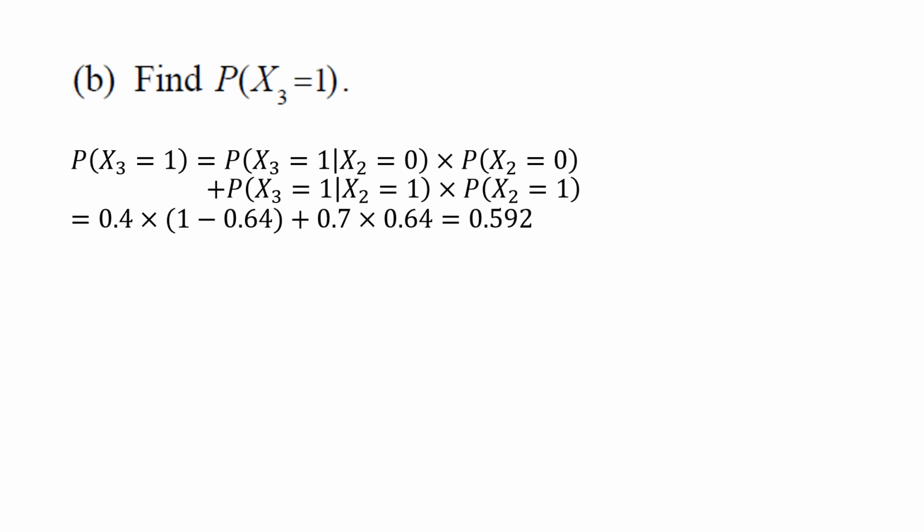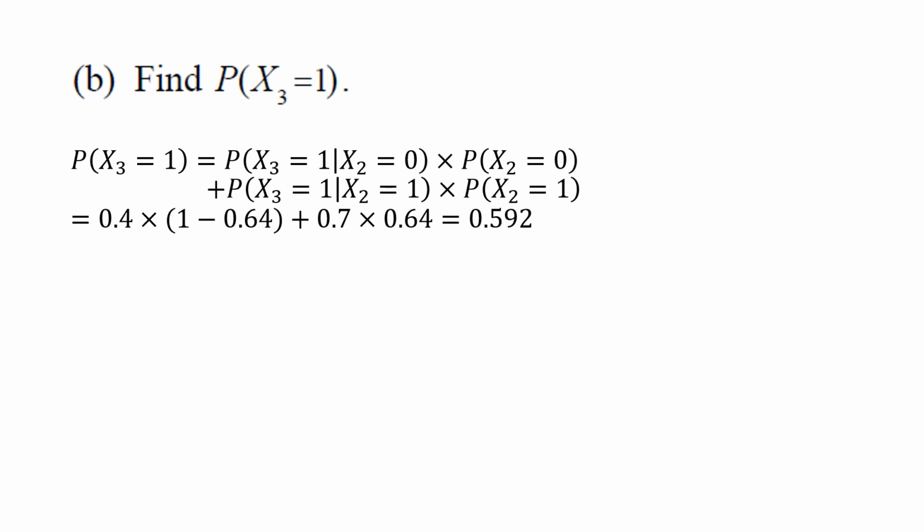And the second sub-question is to find the probability of x3 equals 1. Just like the first sub-question, we consider the cases that x2 equals 0 and x2 equals 1.